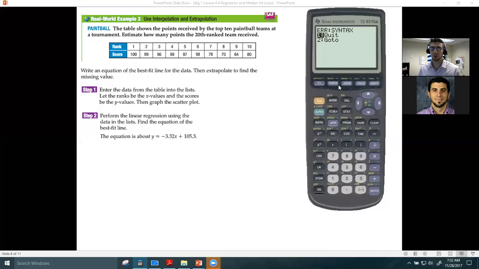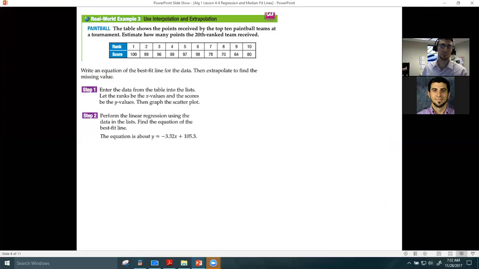Okay, graph it again. What did I do? Oh, I used the minus symbol instead of negative, and that makes a difference. Okay, so graph it, and you can see our scatter plot here and the line of best fit right here. So the equation is negative 3.32x plus 105.3.